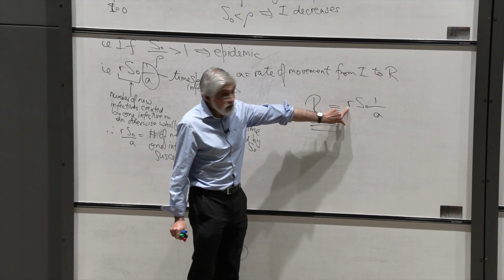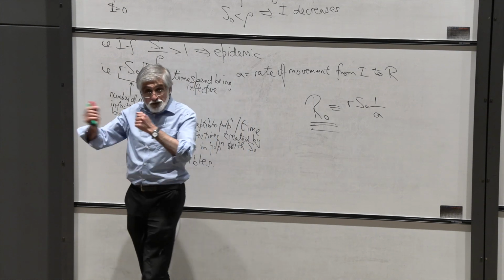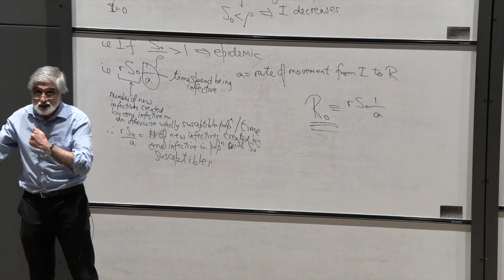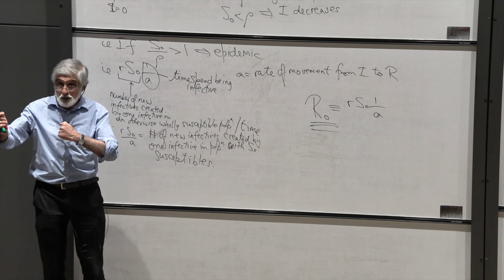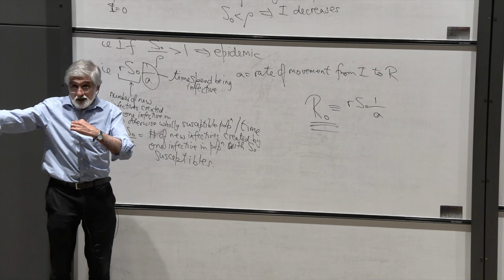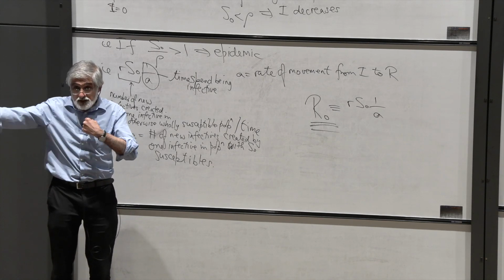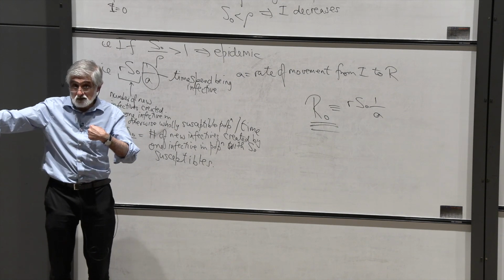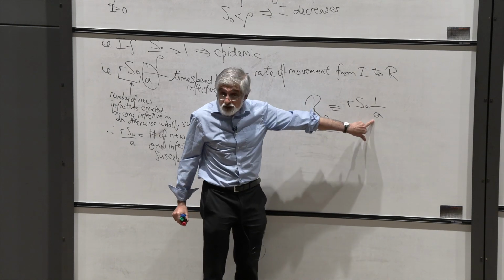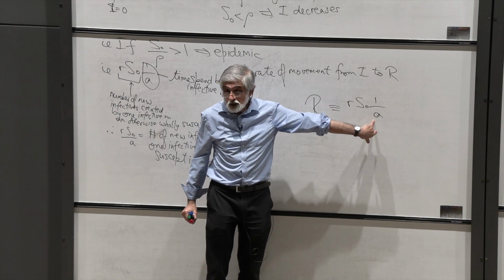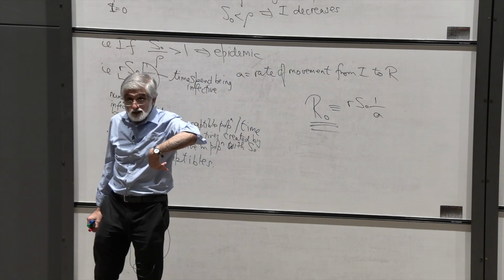We can reduce R, which is a measure of how the disease can spread. So how could we do that? Well, we do that by being far away from each other, having distance. We can make R naught smaller by increasing A. A means the rate of removal.